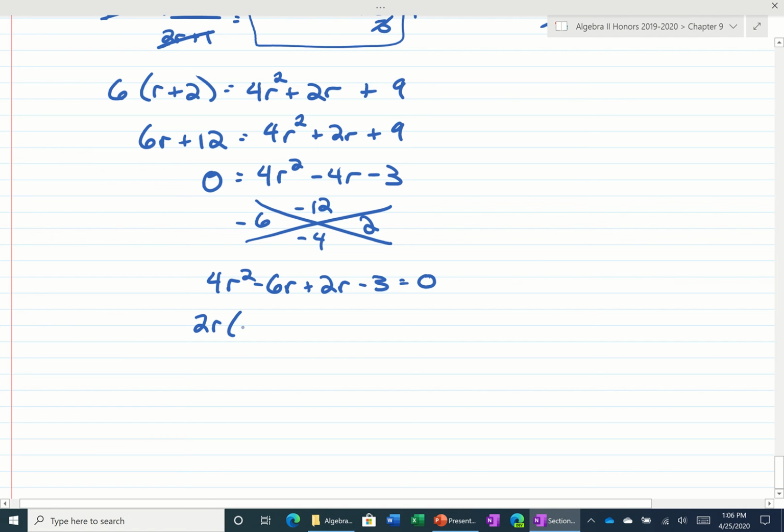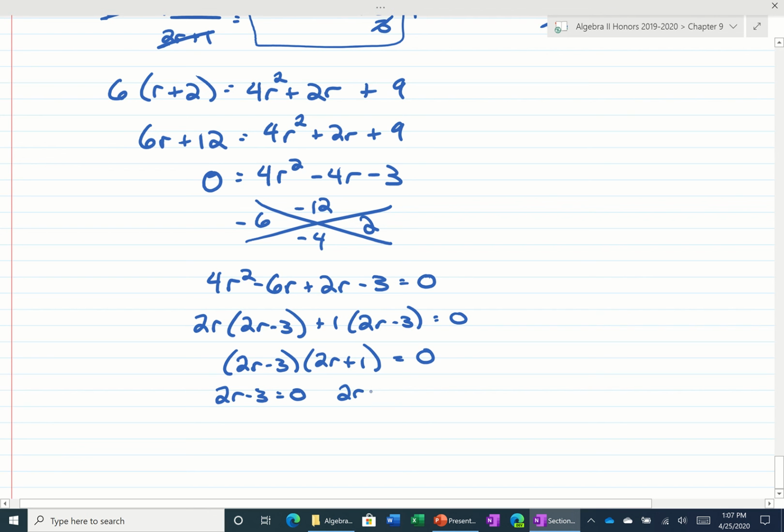Take out a 2r. And if we make these equal to 0, this is what we get.